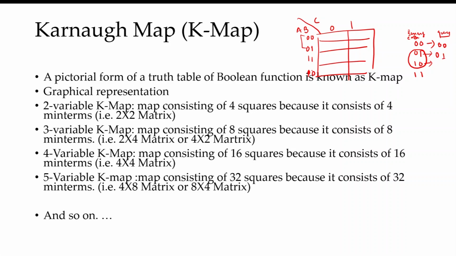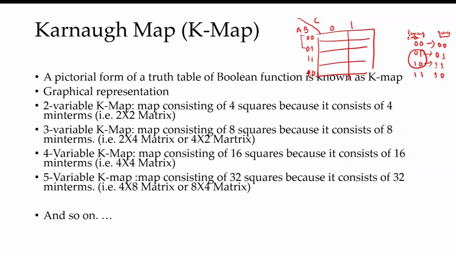Means the binary code of 2 bits is the same as the corresponding row code. But for 1 0, the most significant bit is 1, and then 1 XOR 0, that is also 1, and then for 1 1, this is 1, this is 0. So these sequences are written in gray code format, not binary format: 0 0, 0 1, 1 1, 1 0.